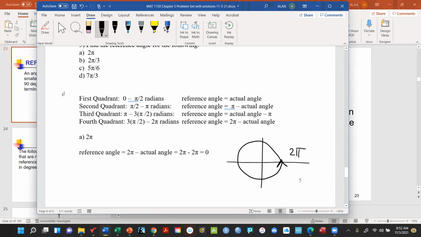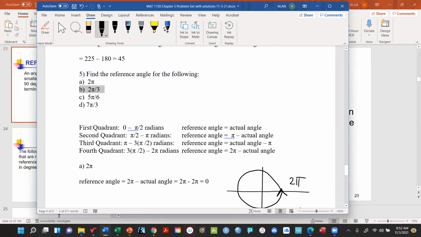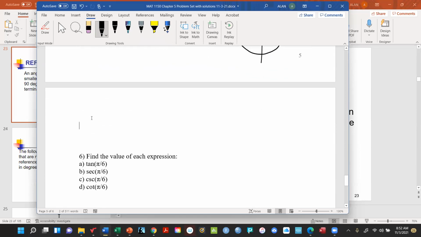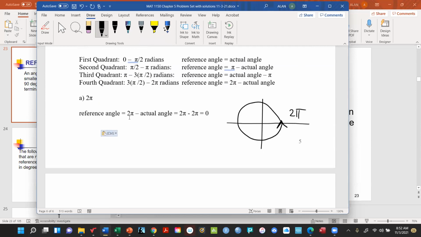Okay, now how about the second one, 2 pi over 3? 2 pi over 3 is more than a half, but less than pi radians. So in the second quadrant, so here the rule is pi minus actual angle.